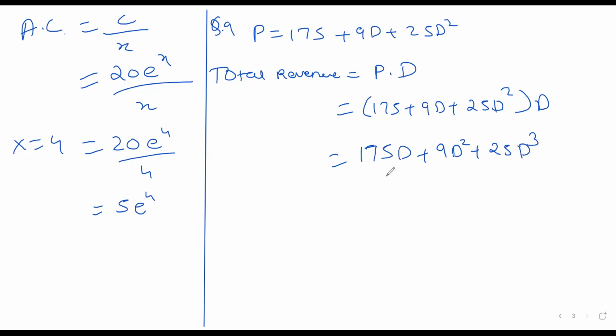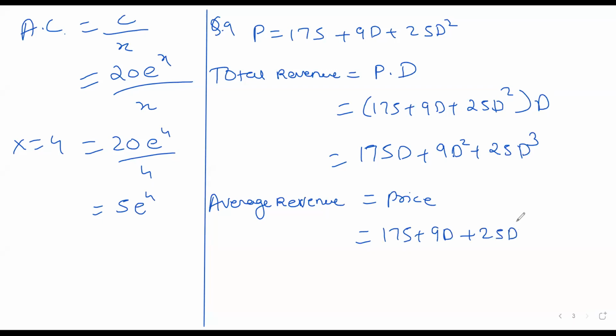Now they want average revenue. Average जब भी हम लोग बोलते हैं तो it is to be divided by the demand. So you will divide this by demand. Average revenue is also equal to the price. So that will be 175 plus 9D plus 25D square. We want average revenue at D is equals to 10.